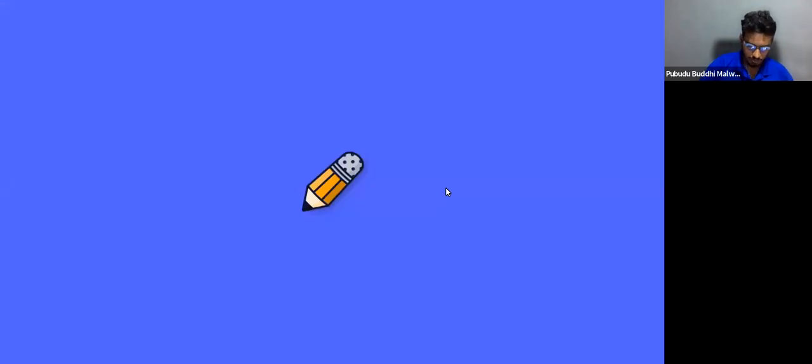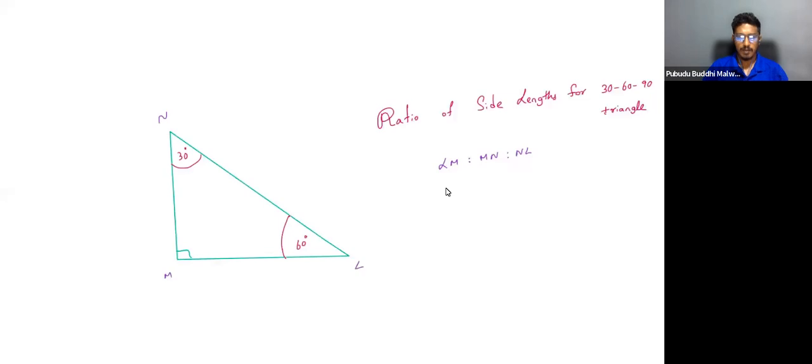Let me show you here. So for 30, 60, 90 degree triangle, let's suppose LM equals x, right? Then MN, that length equals x root 3, right?